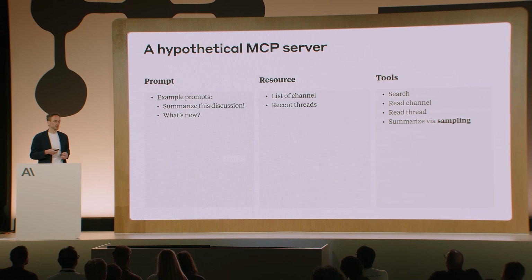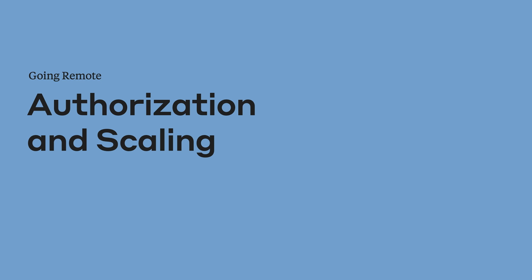But this is just the beginning, because most of these experiences, if we build MCP servers so far, have been experiences that stayed local. Out of the 10,000 MCP servers the community has built over the last 6 to 7 months, the vast majority are local experiences.